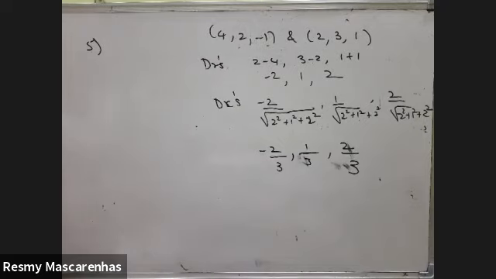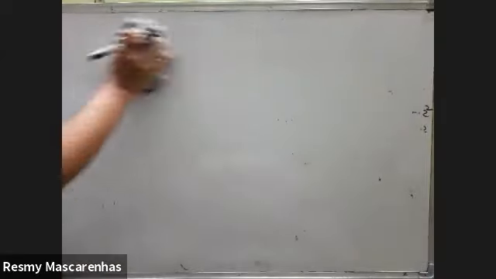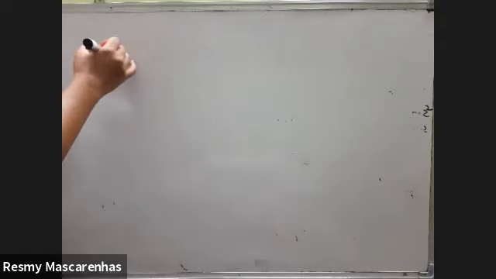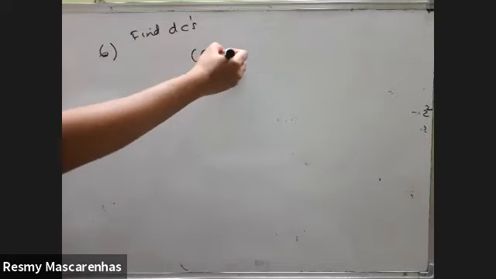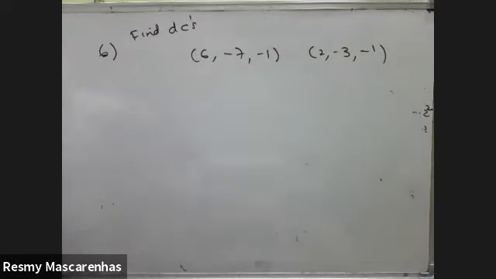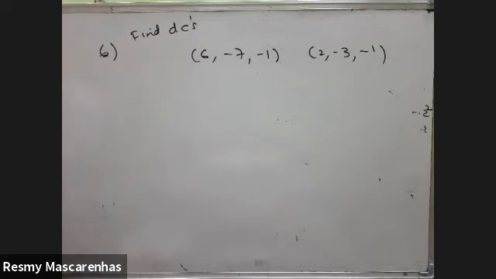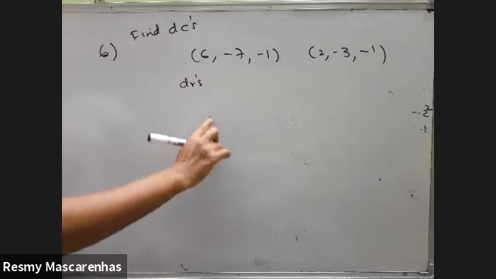So you can find the sixth one. Find the direction cosines. The points are 7, minus 1, 2 and 3, minus 1. They asked to find DCs, so I told you, irrespective, even if they ask you to find DCs, first you have to find direction ratios, because only after that you divide by the root.